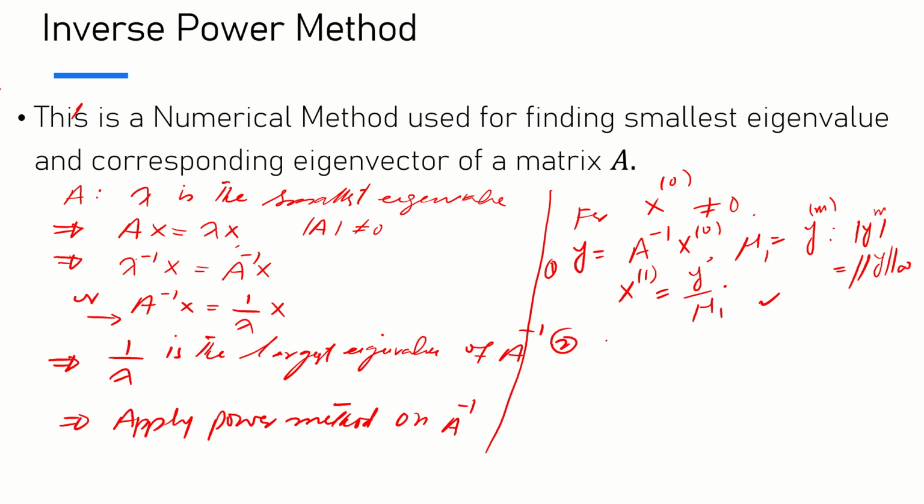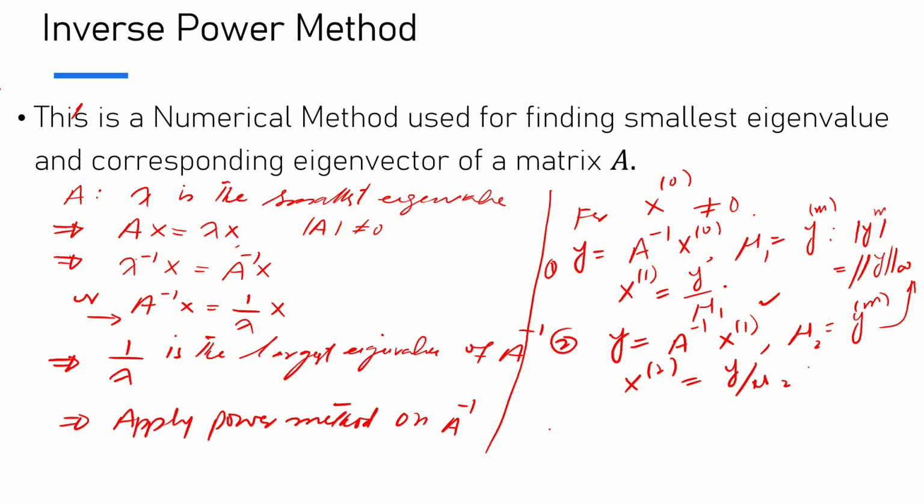For the second iteration, we will find y again, which will be A inverse into x1 now, and then again we will find mu2. Mu2 will be the numerically largest value of y, and then we find x2. So x2 will be y normalized by mu2.